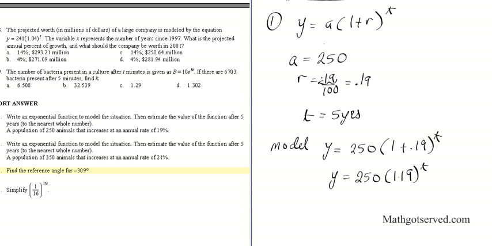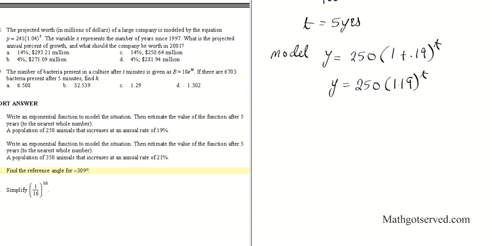Now, what is the population after 5 years? After t equals 5, we're going to have y equals, just plugging 5 into the model, 250 times 1.19 to the 5th power. Plug that into your calculator, and that will give you your answer.